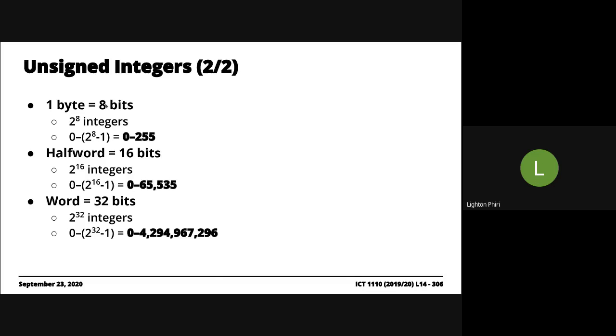But if you have a number that's being represented, let's say using 16-bit representation, you notice that there's a similar pattern. What you have is a situation where you're representing numbers from 0 all the way up to 2 to the power of the bit representation minus 1, right?